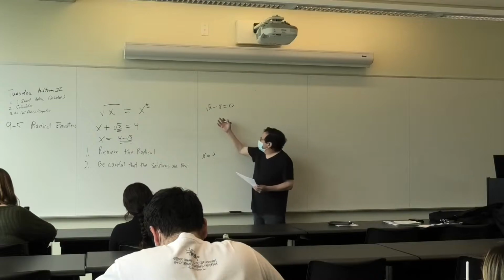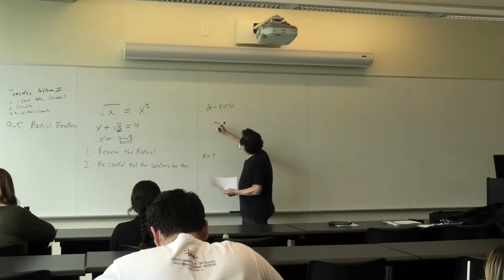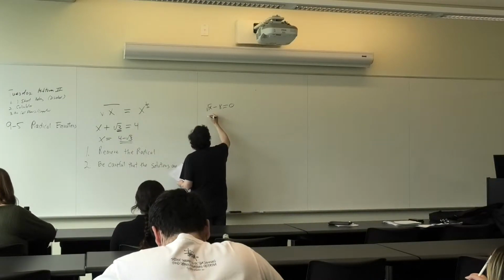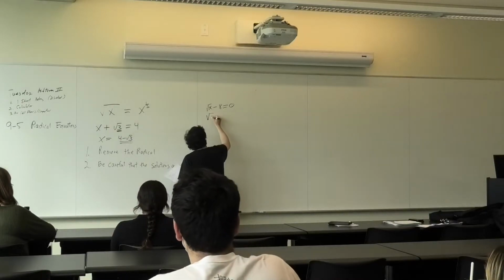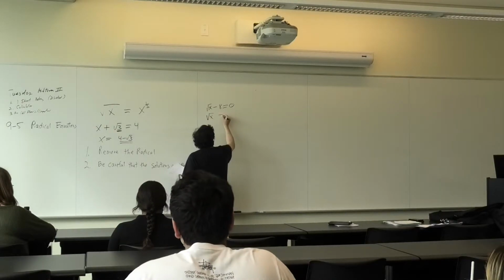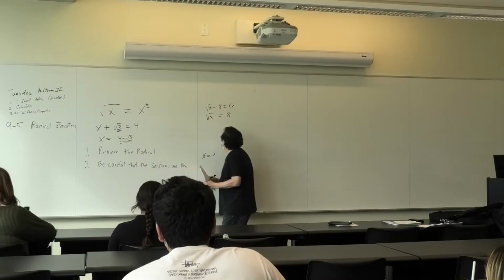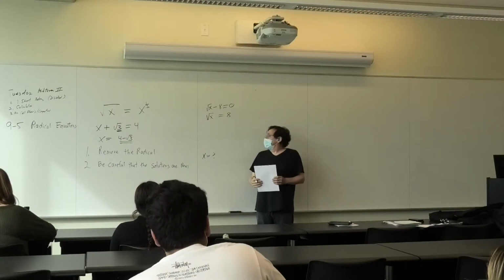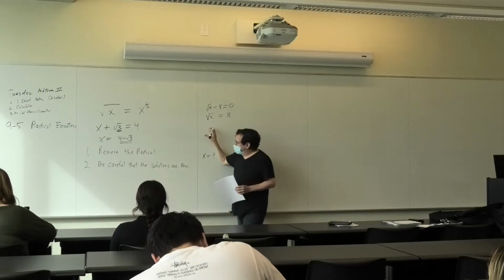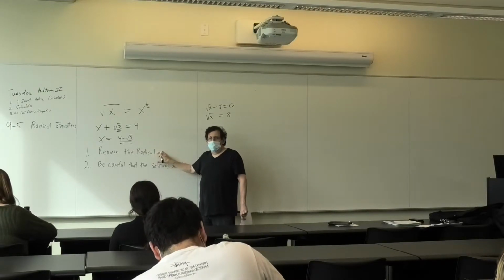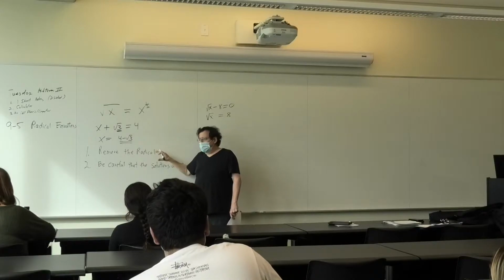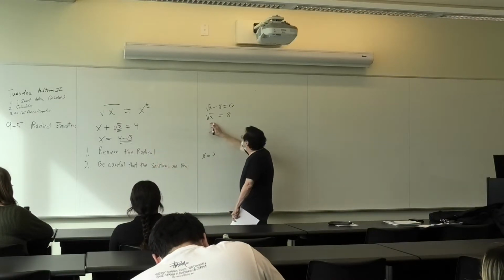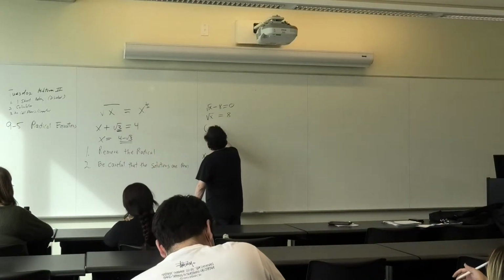So I think it's pretty straightforward. Just like if it was x minus 8, we're going to add 8 to both sides. And we're going to get the square root of x equals 8. And at this point, remember, we have to remove the radical. So the way we remove the radical is we're going to square both sides.